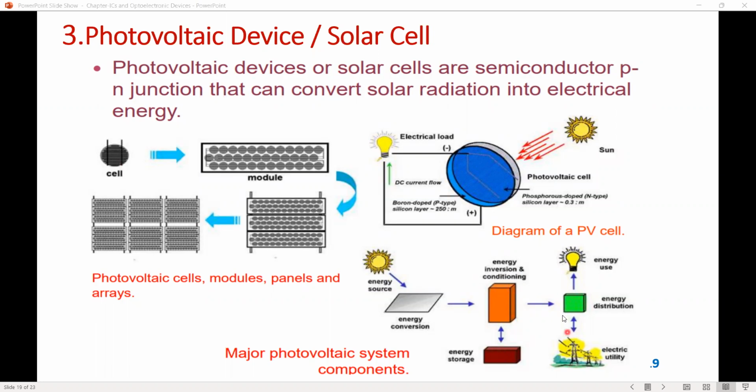Once we store it, we can distribute this energy for use in electrical utilities and all. These are the major photovoltaic system components. With this diagram, you can understand how photovoltaic devices or solar cells basically work.